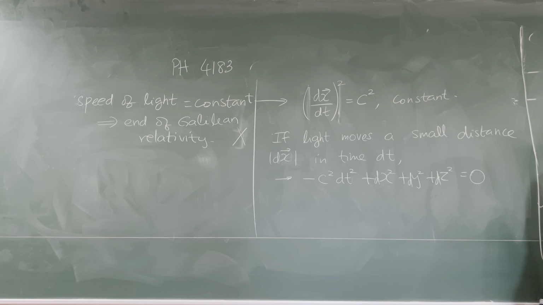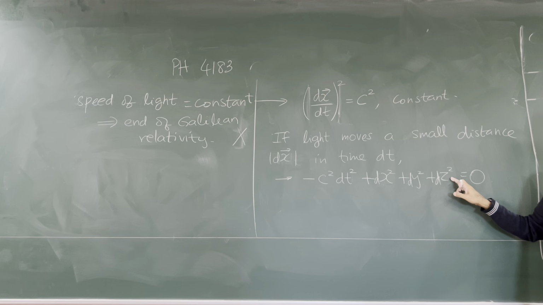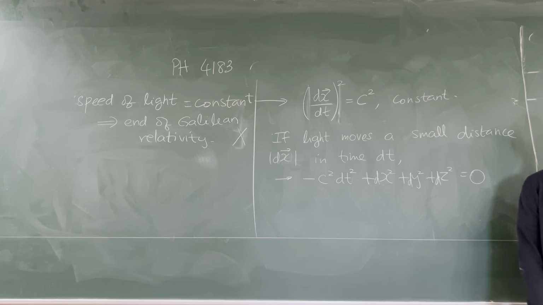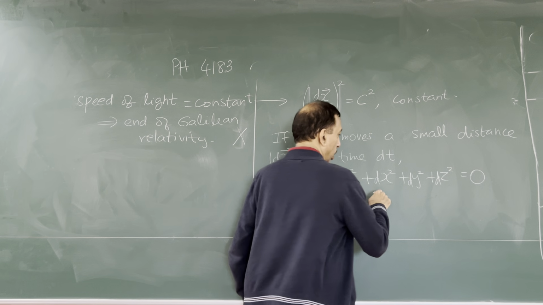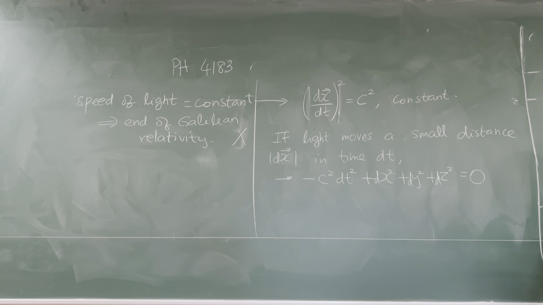And now our job is to find a set of transformations to a new frame where the coordinates are not x, y, z, but x prime, y prime, z prime, such that this is still true in the new frame. I didn't mention this earlier, but we have been talking of frames which move relative to other frames, but we could also think of a frame that rotates relative to the original frame.